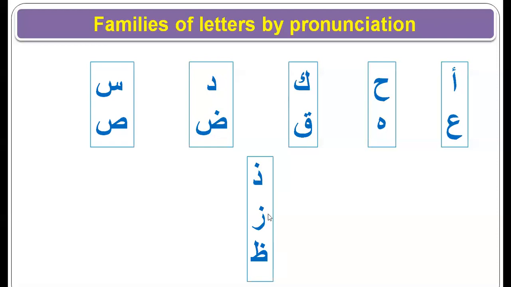So we have to differentiate between the light ذال, za, and dha, which is heavy. And the next letters are ta and ta, and it is the same thing. Ta is a light letter, ta is a heavy letter.